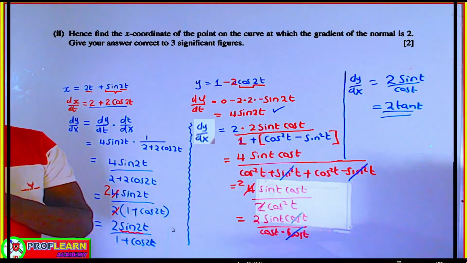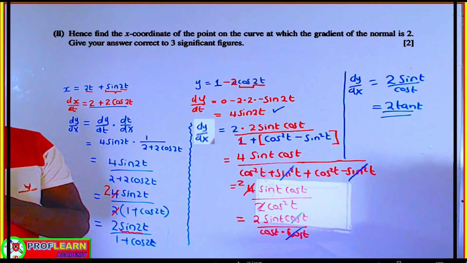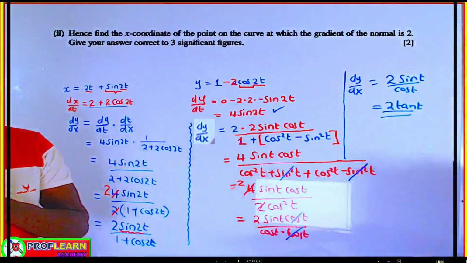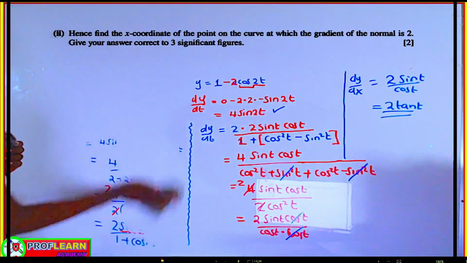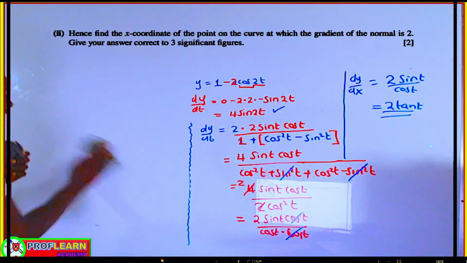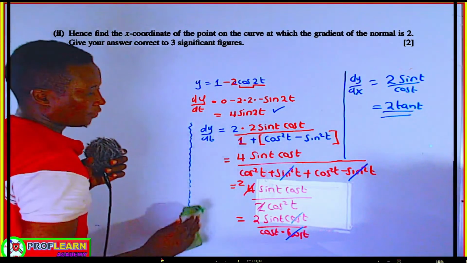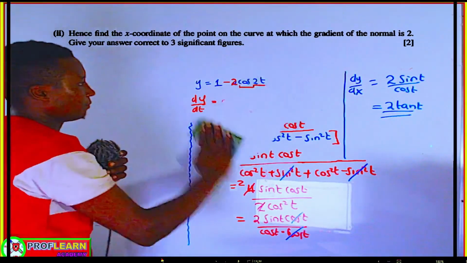So remember, in this question we have already obtained the derivative, or the gradient function, and we are going to use that in order to work out the x coordinate. So let me just erase this so that we're able to move to part B.